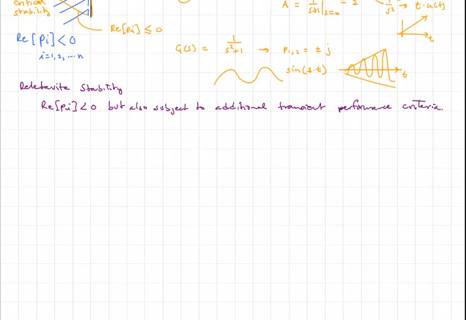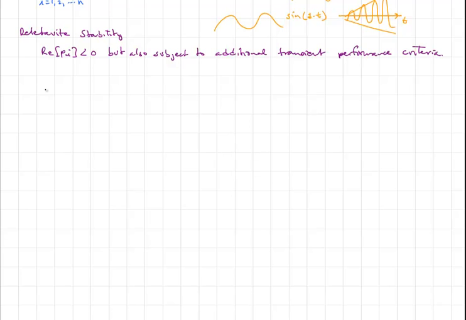Okay, so let's start off by looking at some polynomials here. So we'll say we have a transfer function G of s that is going to be of the form B of s over A of s. And B of s would be of the form b0 s to the m plus b1 s to the m minus 1 plus dot dot dot all the way to b sub m minus 1 times s plus b sub m.